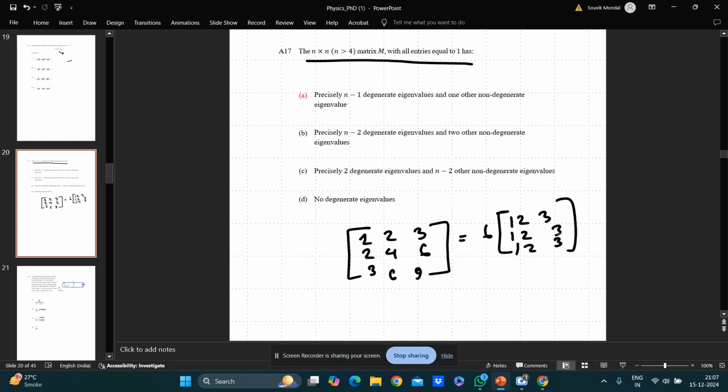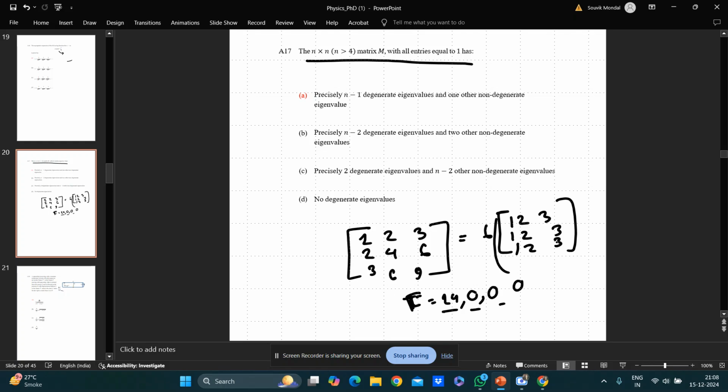For this kind of matrix where all the rows and columns resemble each other, this is a 3 cross 3 matrix, so one eigenvalue will simply be the trace. The trace is 14 here, and the other two eigenvalues will be 0. So for any such matrix, one eigenvalue will be the trace and all other eigenvalues will be 0.